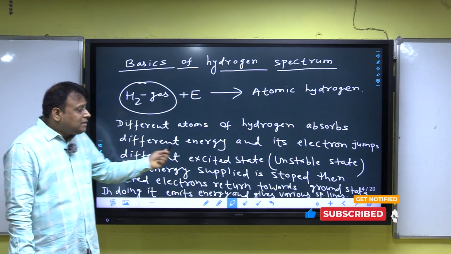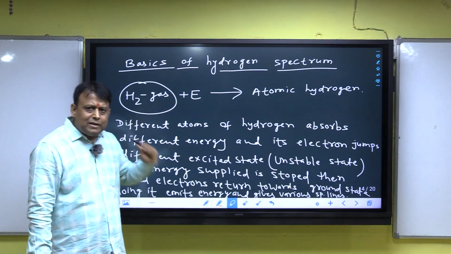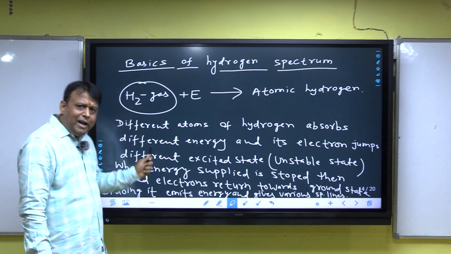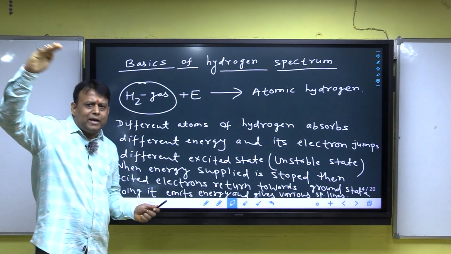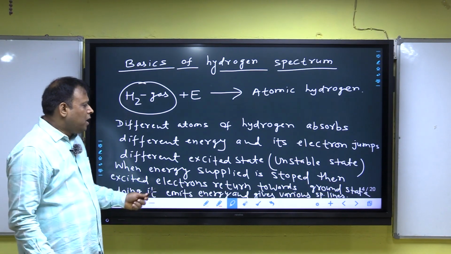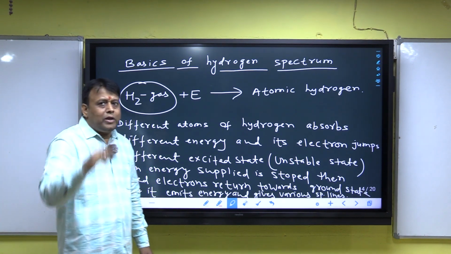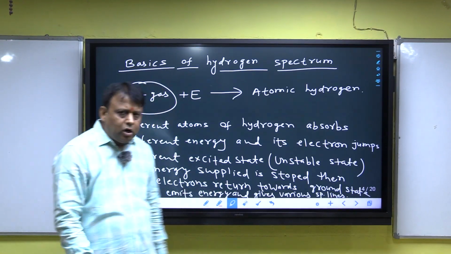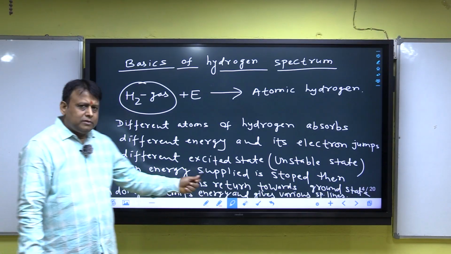When the energy supplied is stopped, all excited electrons, first excited, second excited, third excited, return towards the ground state. So when an excited electron returns towards the ground state, in doing so, it emits energy.